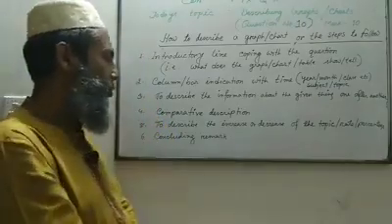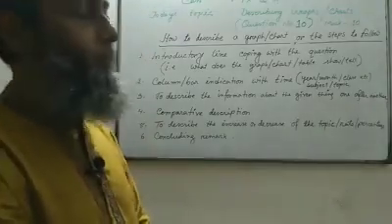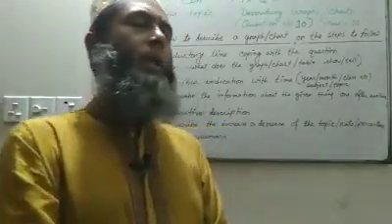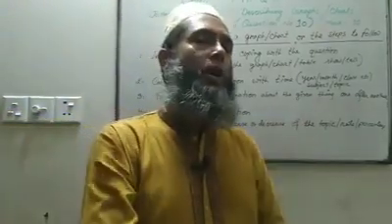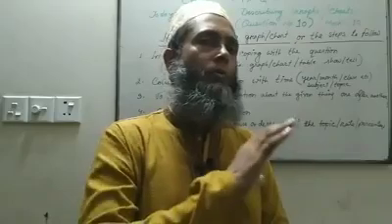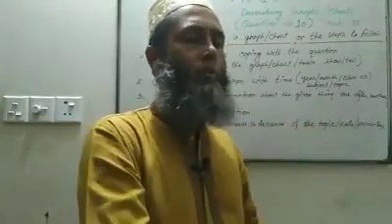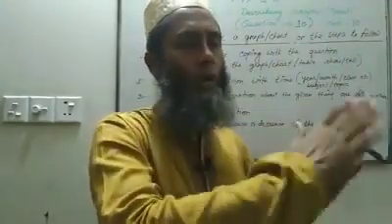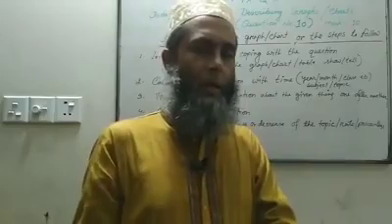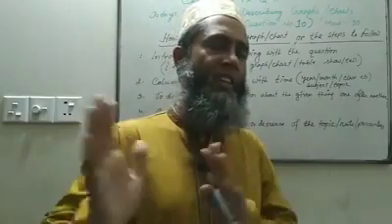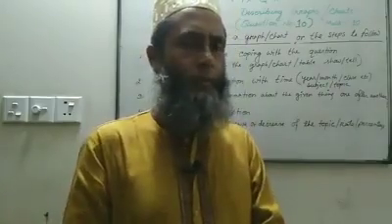Next stage 4, comparative discussion or comparative description. That means you can see that in the graph or in the chart, some information about something is more or some information about something is less. Here you can see decrease or increase about something.